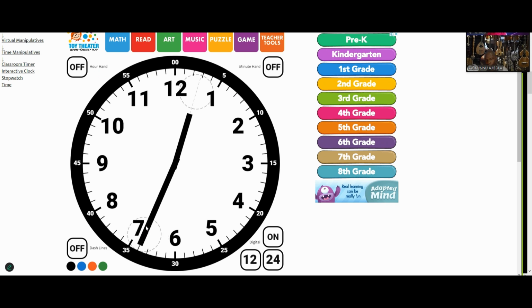So what's the time here? 27 minutes, 26, 25, 24, 23, 22 minutes before 1. That's correct. But look at this. You could have counted from the top in fives.